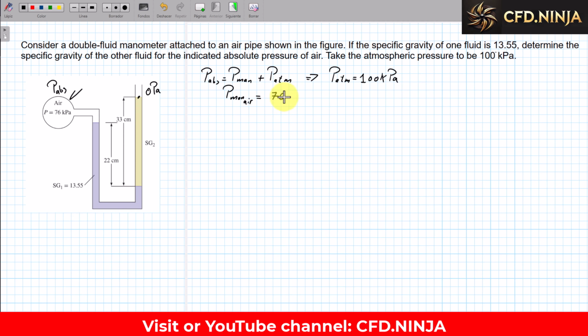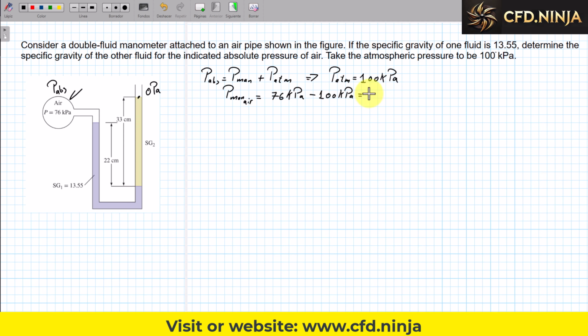It would be 76 kPa minus 100 kPa, with which I would be left with a gauge pressure of 24 kPa with a negative sign. That would be the gauge pressure.